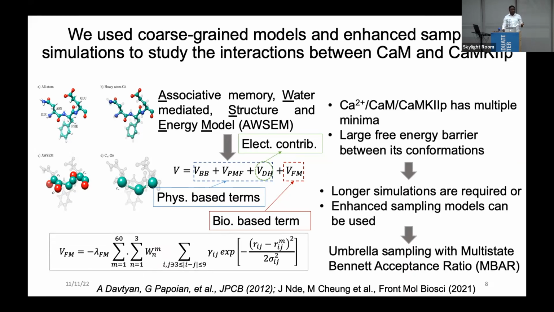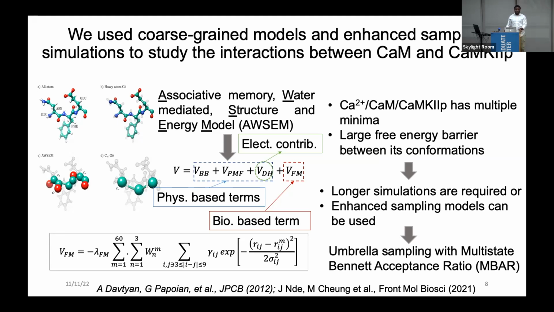The complex of calcium, calmodulin, and the CaMKII peptide has multiple minima because it samples multiple conformations in solution. Also, the energy barrier between the conformations is very large, so it may require a longer simulation time to sample the whole configurational space.